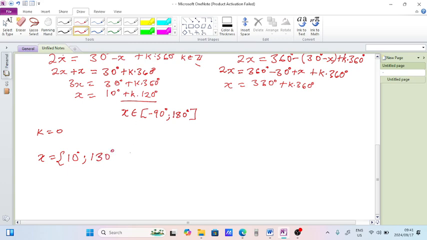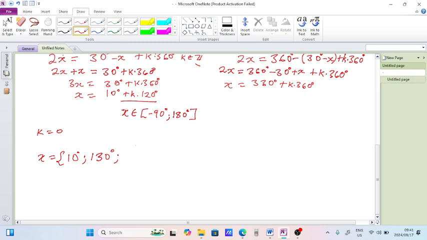Now let's put minus 1. If you put minus 1, what do you get? Negative 110, which is somewhere outside the negative 90 again.